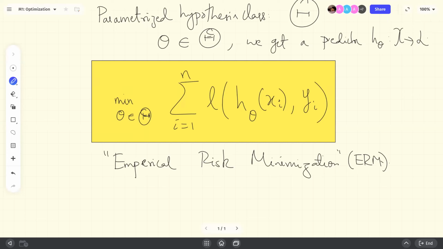Professor, does this class of theta comprise both the model parameters as well as the hyperparameters? That's a good question. Here it's meant to capture only the parameters. This distinction between model parameters and hyperparameters we'll talk about in the next lecture, when we start talking about how you solve this thing.